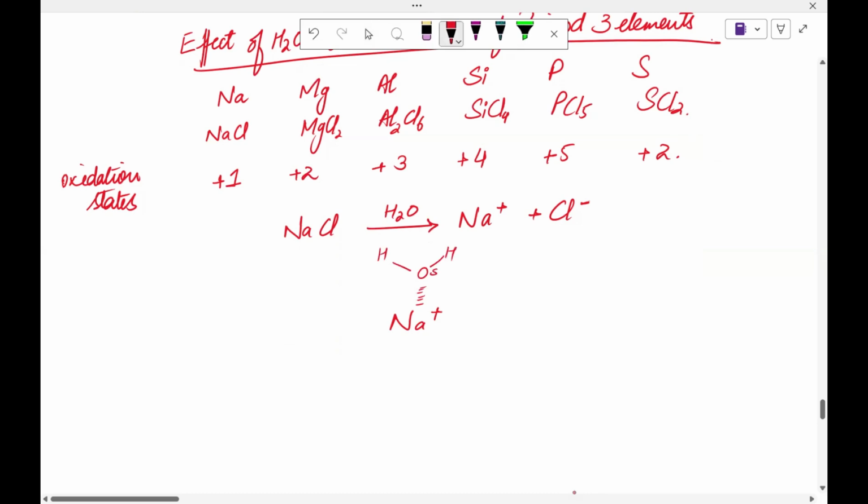And we know oxygen has a partial negative charge, so each of these oxygens, 1, 2, 3, 4, 5, and the one at this point, has a partial negative charge.